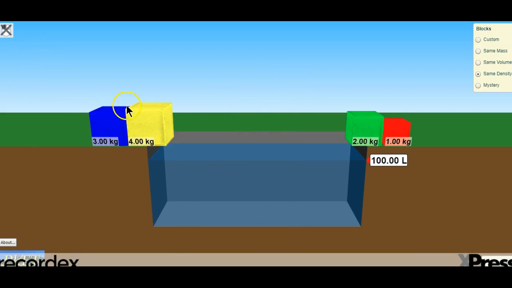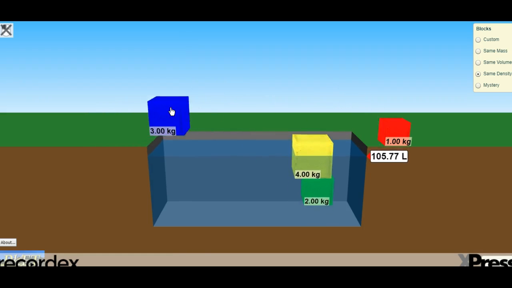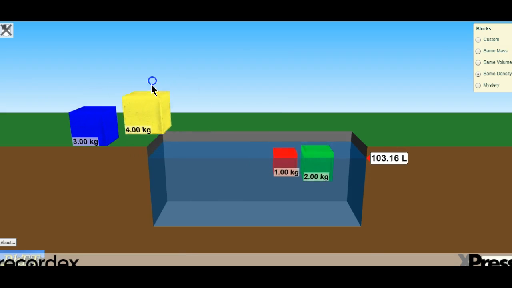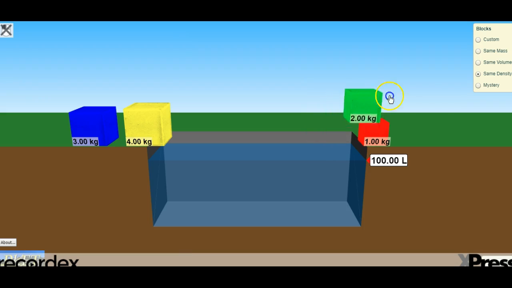All right, last one. These all have the same density. Does density tell you if it's going to sink or float? Now they all have the same density. All right, does density tell you if it's going to sink or float? Because they all have the same density. Last one, 3b, is just asking you to calculate density.